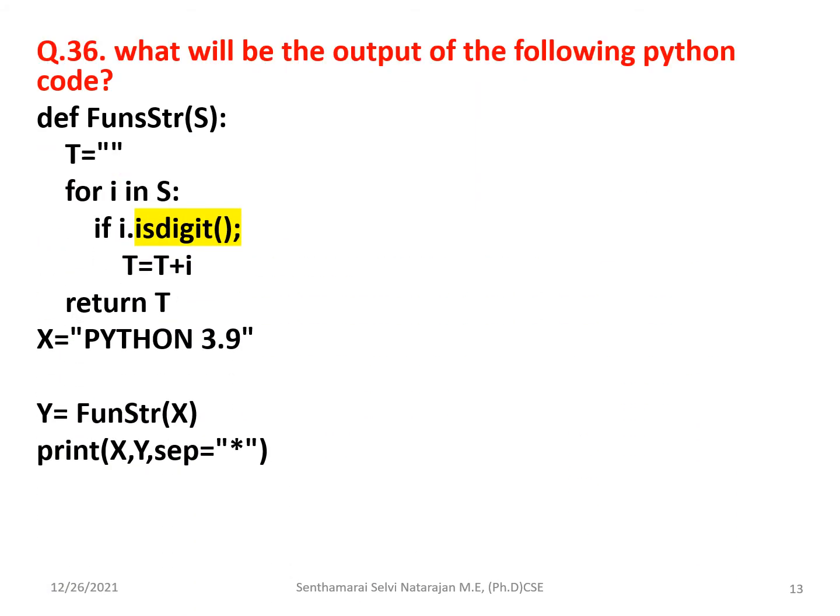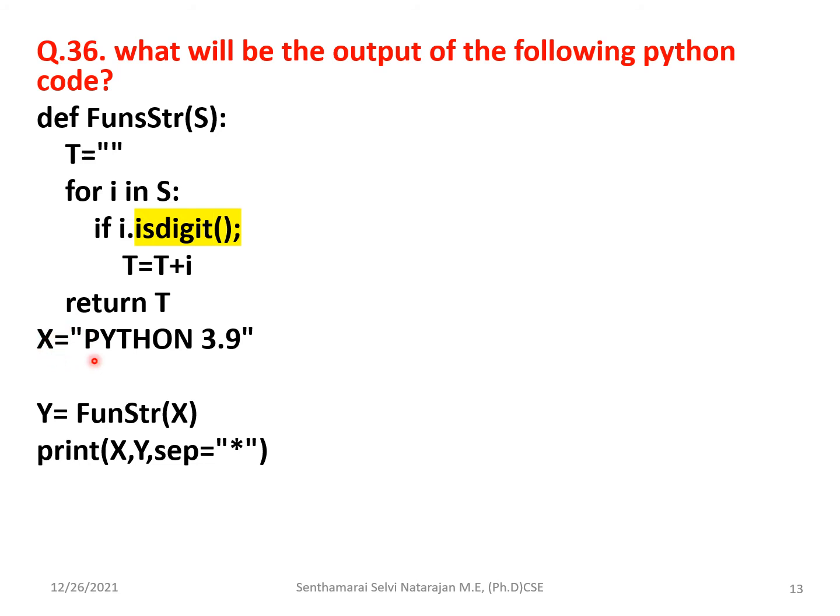Next question is, they are asking for the output. Here you see they have defined a function string, and now t is given as an empty string, and for i in s, if i.isdigit(), it will be checking whether the string is having a digit. If the digit is there, then t is equal to t plus i and then return t. So it will be returning the value t. Moving to this value, x is equal to Python 3.9.